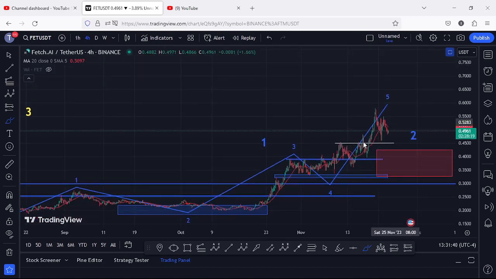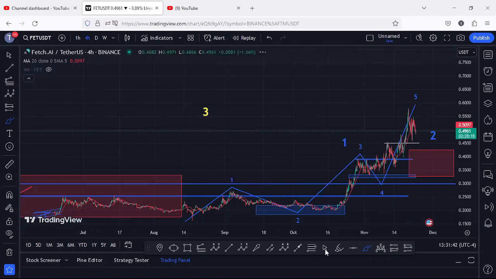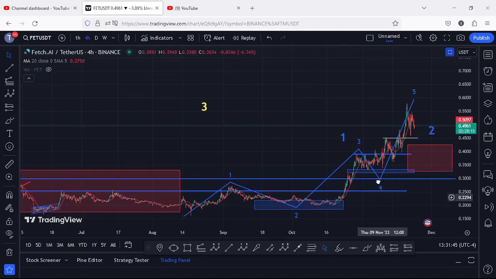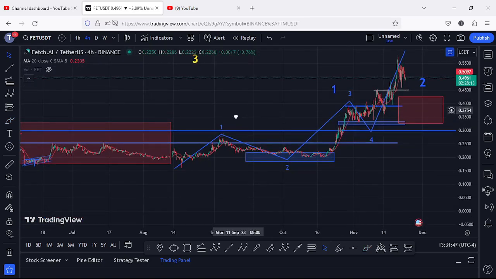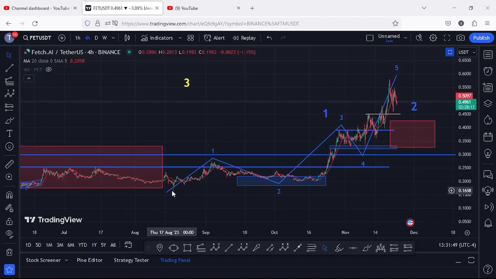Zooming out on the charts to give you my Elliott wave analysis here on the chart, you can see that after seeing our significant low down here on the 17th of August, we saw this bounce giving us the high for this wave 1 to the upper side.